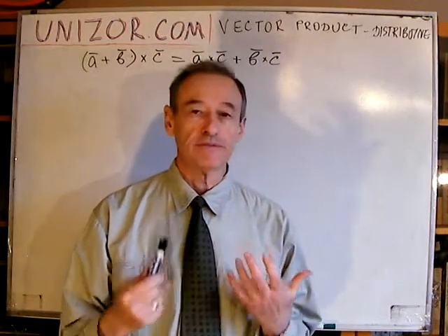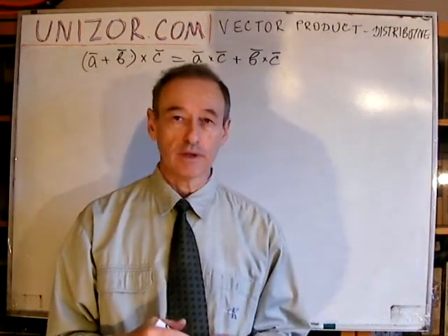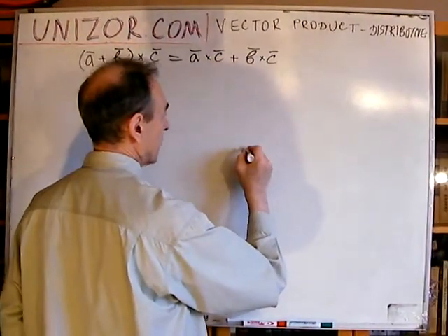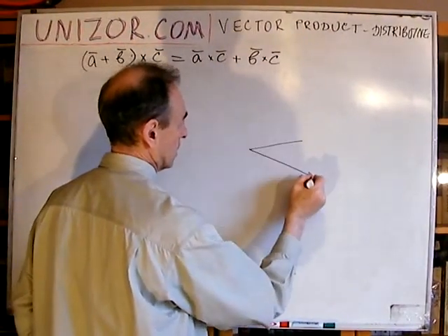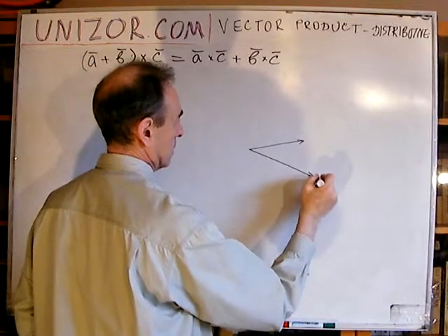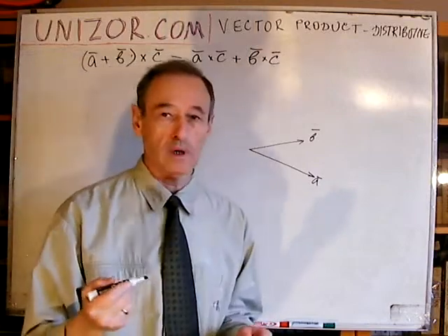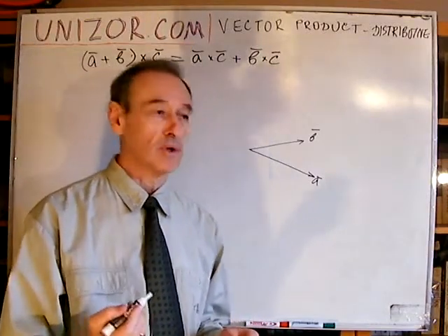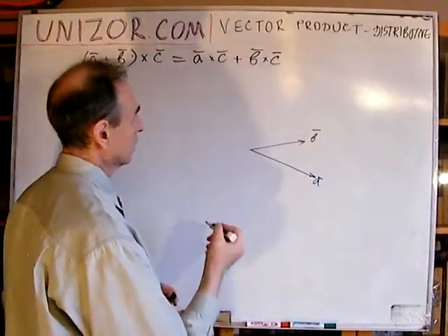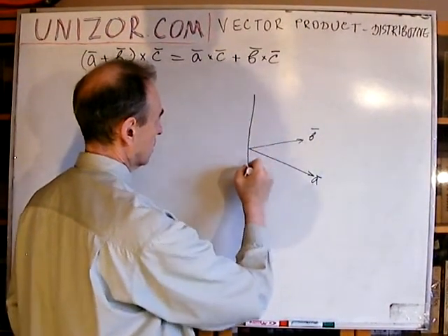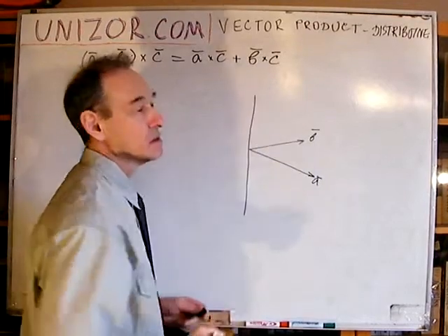Now, I have defined the vector product in geometrical terms. Namely, if you have two vectors, then to construct their vector product, you have to go to the perpendicular to both of these.